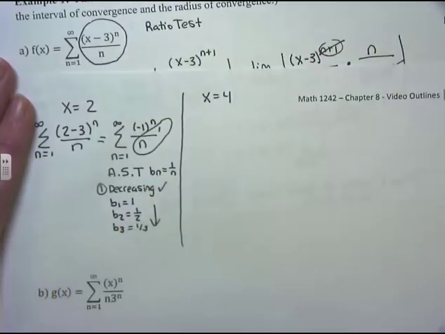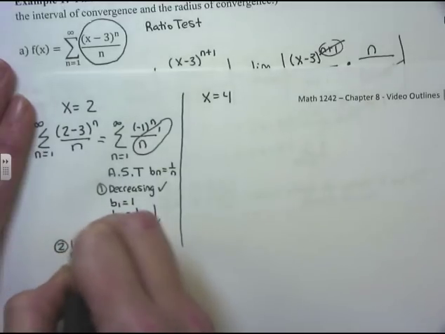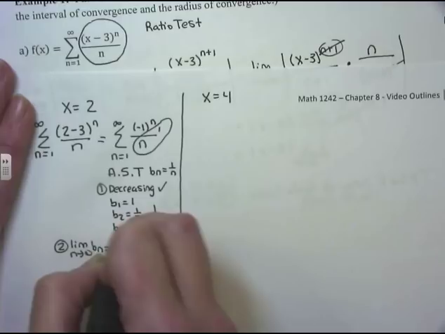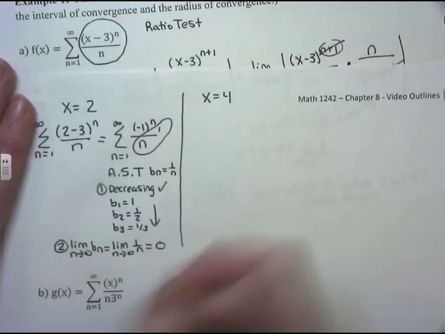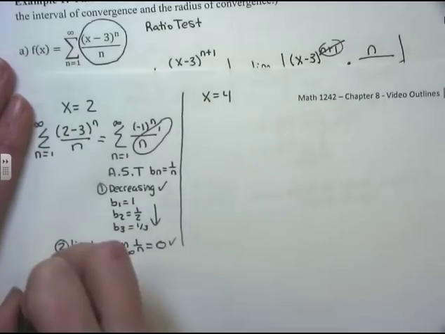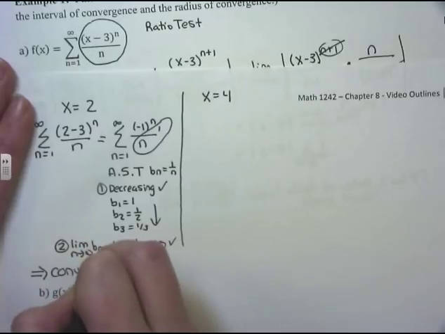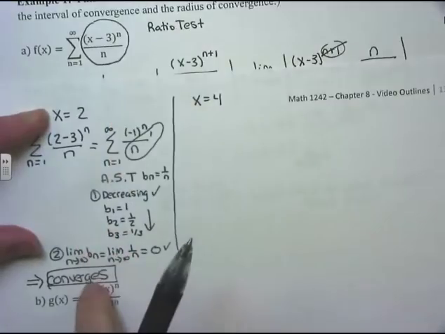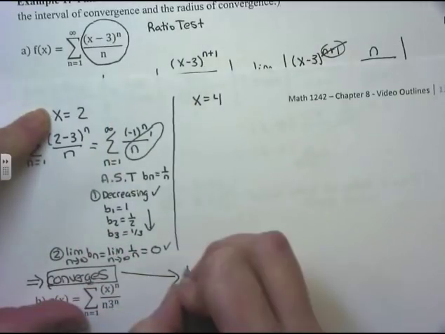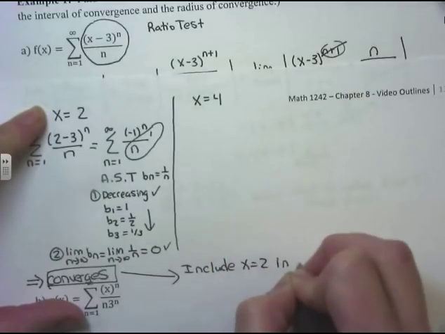It is definitely decreasing. I also want to look at the limit of that sequence. So I'm talking about the limit as n goes to infinity of 1 over n. We know that that equals 0. Alternating series says that this does converge. Right? So when I plug in x equals 2, it converged. This means I want to include x equals 2 in my answer.